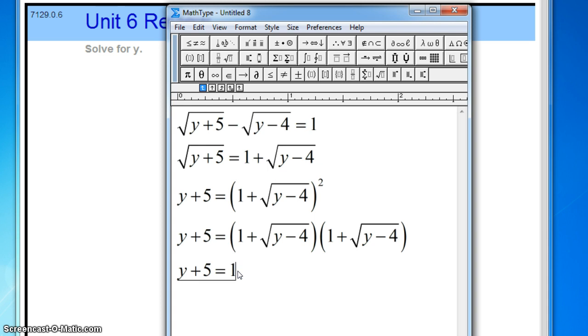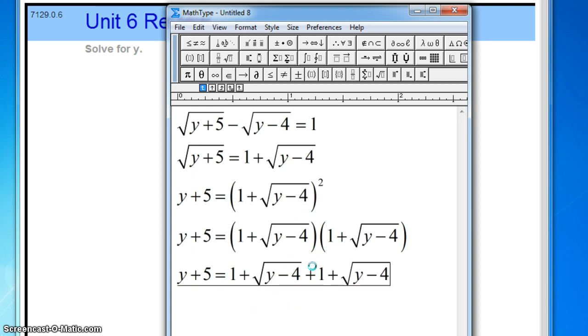1 times 1 is 1. First outer, so let's do 1 times root y minus 4, so that's plus root y minus 4, and then the same we'll do inner, root y minus 4 times 1, so that's plus that again, plus this root y minus 4 again, and then root y minus 4 times root y minus 4, the last term is just plus y minus 4.